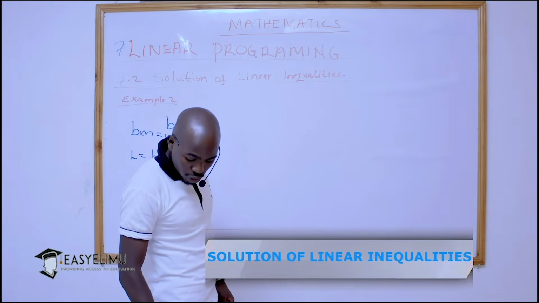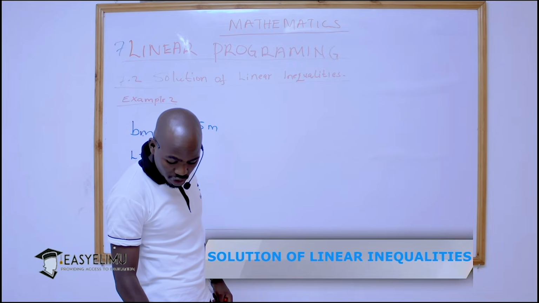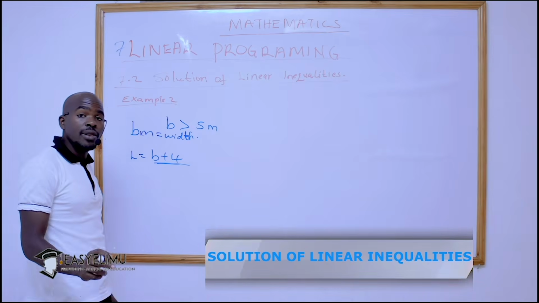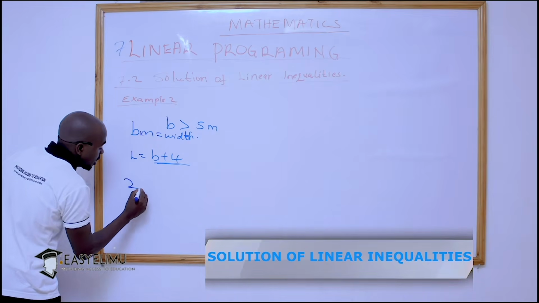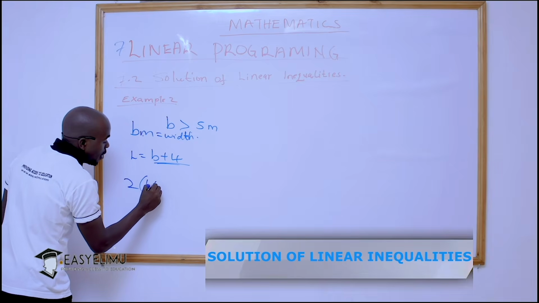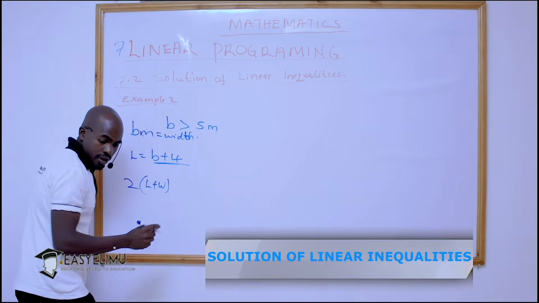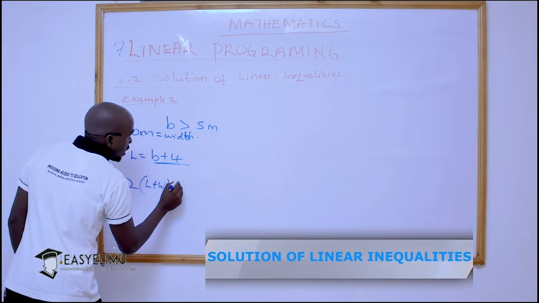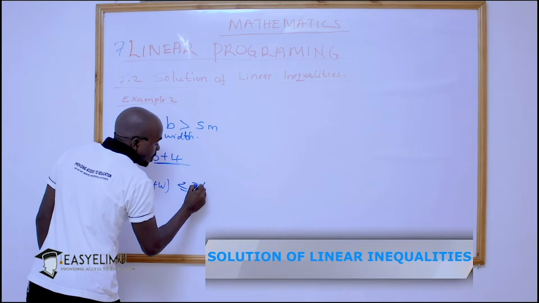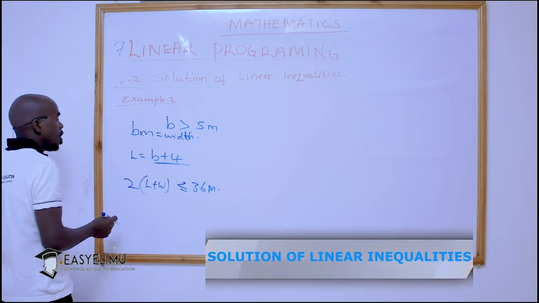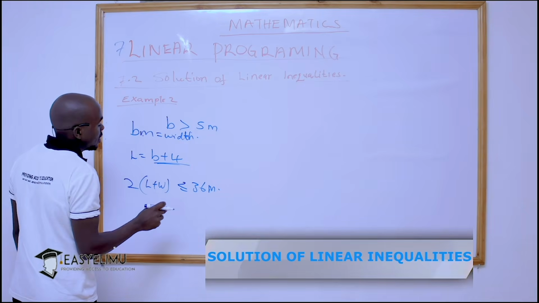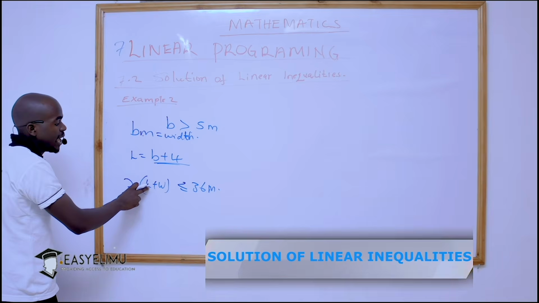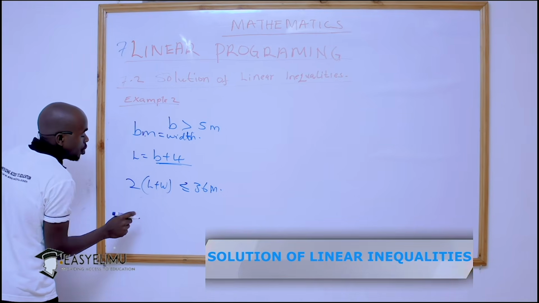And then we have been told that the perimeter of the room is not greater than 36 meters. So we know this is a rectangle, and if it's a rectangle, 2 times length plus width is not greater than 36 meters, meaning 36 meters or less. So we substitute the length and also the width.